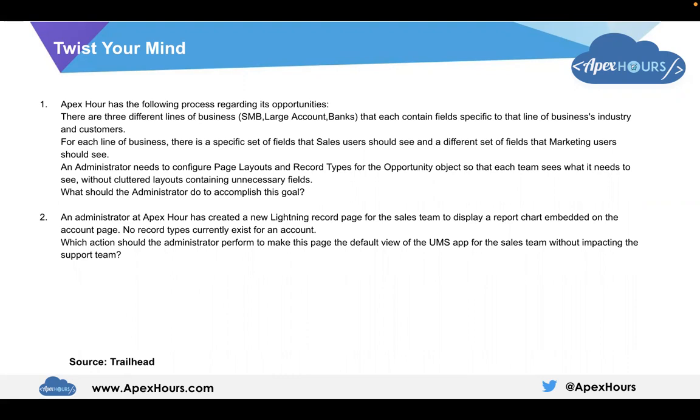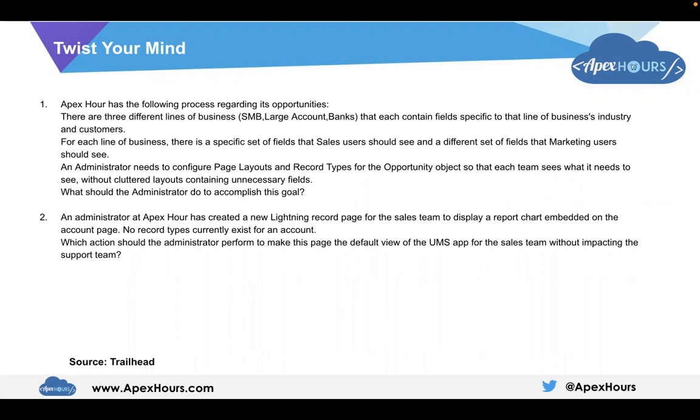The next thing: an administrator at ApexR has created a new Lightning report page for the sales team to display a report chart embedded onto the account page. Currently there is no record type for the account object. As a system admin, what action will you perform to make this page the default view of the UMS app for the sales team without impacting the support team?